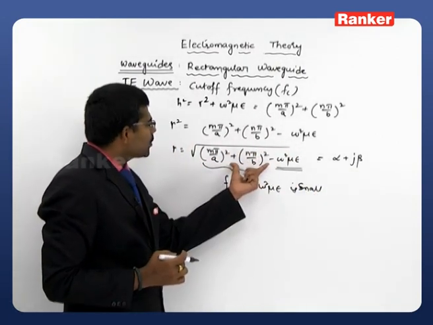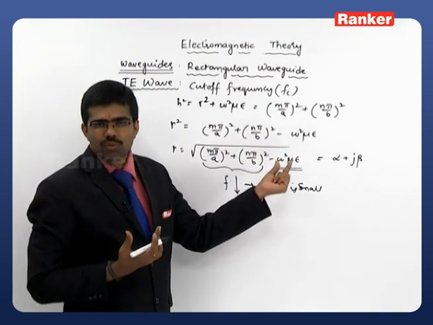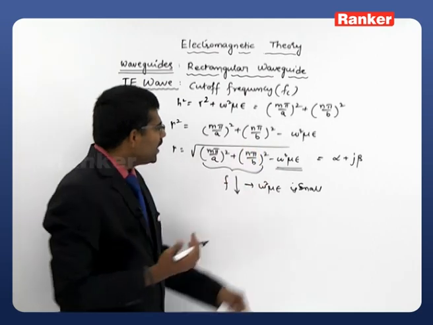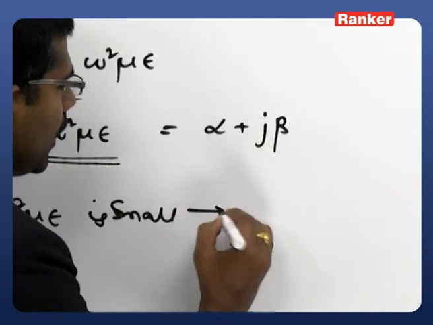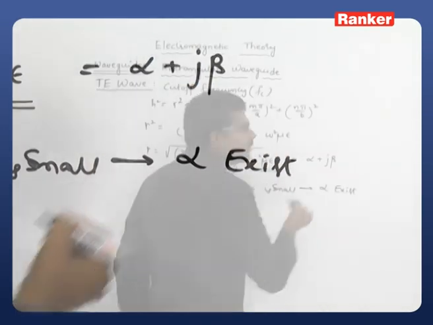This entire term being positive means the solution is also a real quantity. If it is real, simply only alpha exists. There will be no beta term here.